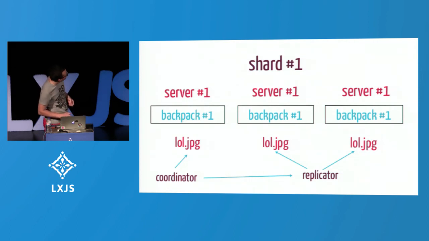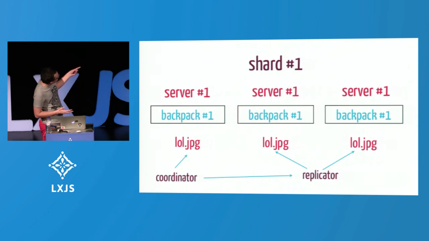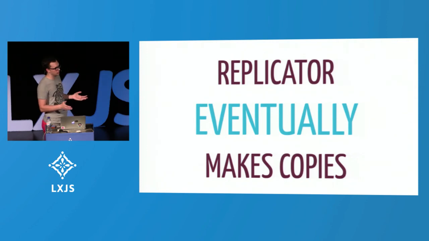So that's the simple picture of how it works. If you want to save an image, the coordinator does that on one server and tells our replicator to replicate that photo to make it available on every node. And this happens eventually.